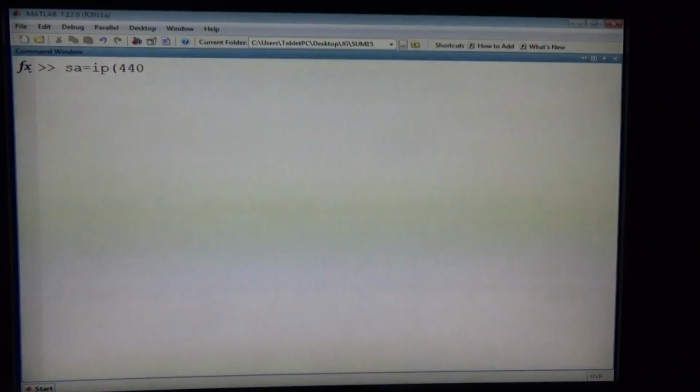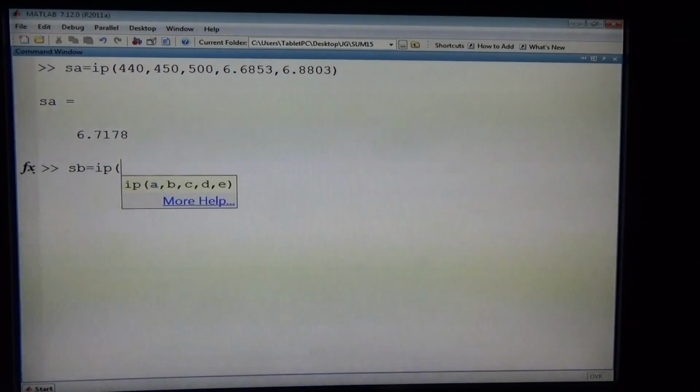So interpolate 440, the value 450, 500, 6.6853, and 6.8803. So there's SA. SB, we needed to interpolate between. SA we're going to write down as 6.7178.